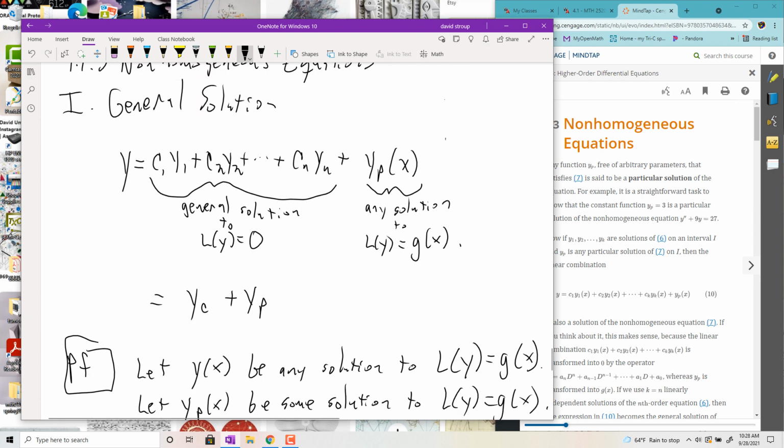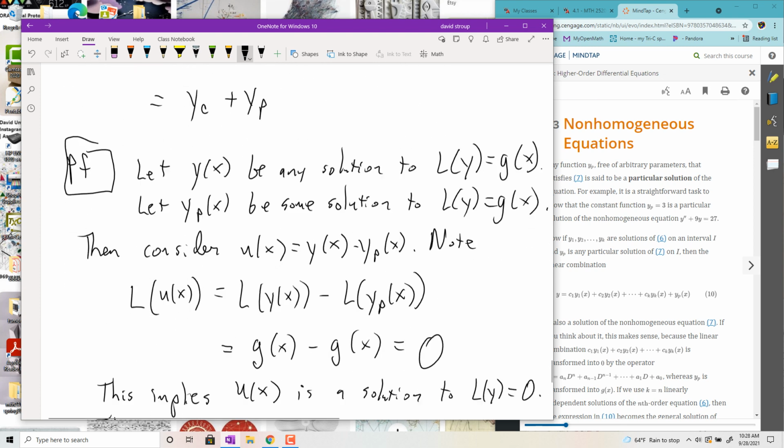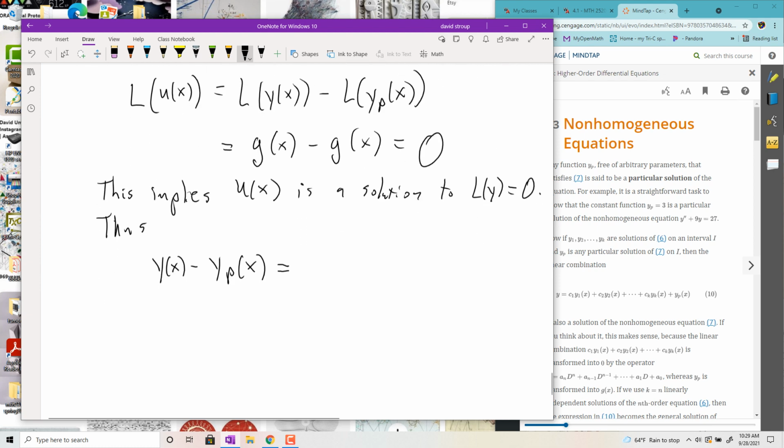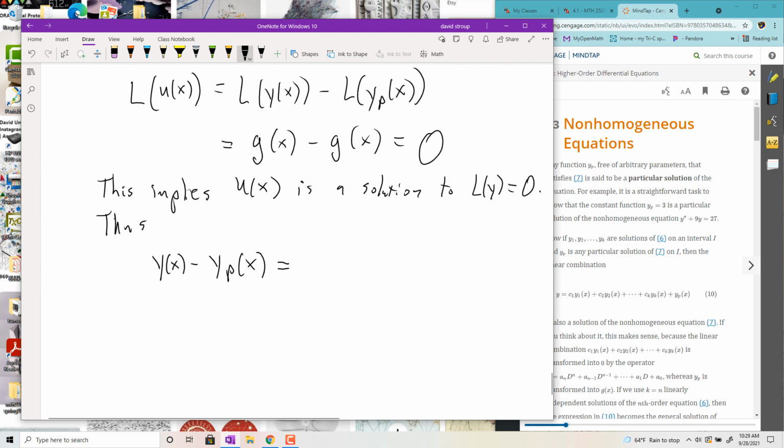Okay, so y of x minus y sub p of x is going to be equal to y sub c, and then you could solve for this unknown y of x in terms of y sub c and y sub p, okay, which kind of goes to show what we were trying to show.